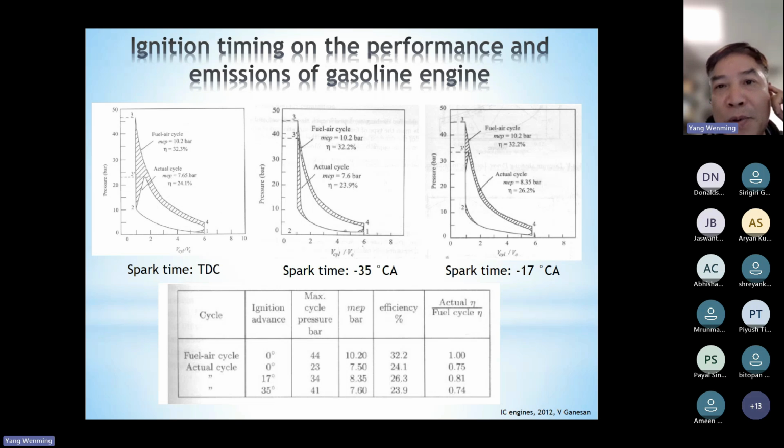Some of the fuel is not producing work for the whole power stroke, because some of the fuel only burns very late, correct? So work done will drop, and the efficiency will decrease. So here we show you the ignition timing is very important for the engine to achieve the highest efficiency.